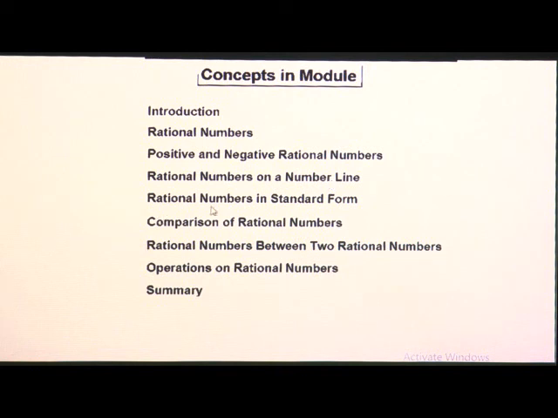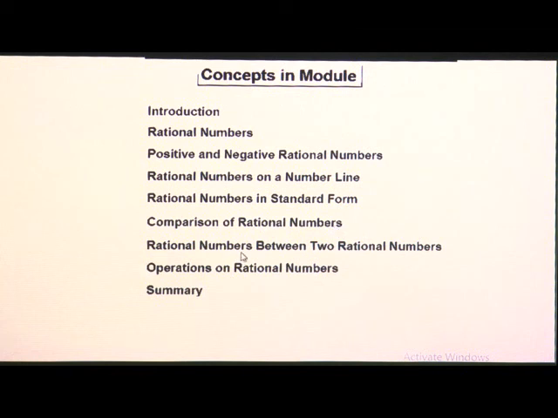Then rational numbers in standard form. What is the standard form of a rational number? How to represent it in standard form, we are going to learn in this chapter. Then comparison of rational numbers. The word itself says which is greater and which is smaller; we have to compare by finding the greater and smaller rational number.